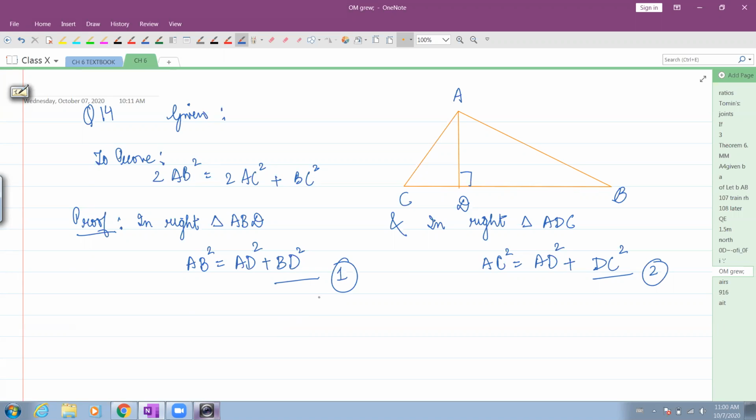After this, we are going to modify the result on the left hand side. The first result that we have, AB square equals AD square plus BD square, in order to obtain what we want in the question. There are a few things you want to remember in this part. You can mark that for yourself, or learn it, because this is how it can be done.